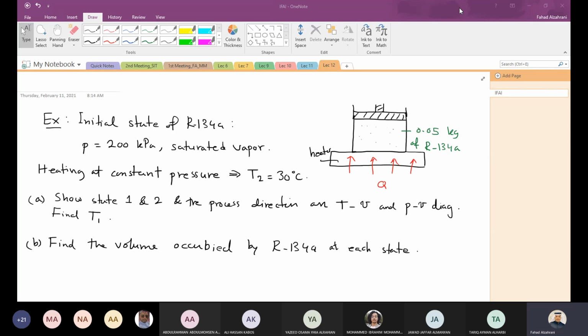Minus 10.09, is this right? Ali, how did you find 16? I converted the pressure to bar and then I found it to be 5, so 16 for the 5.